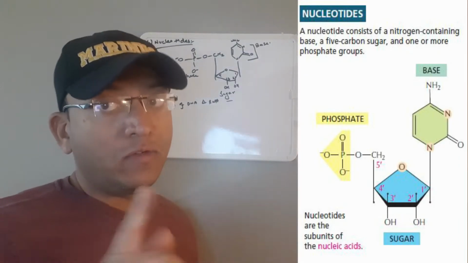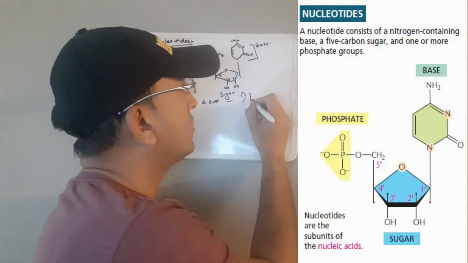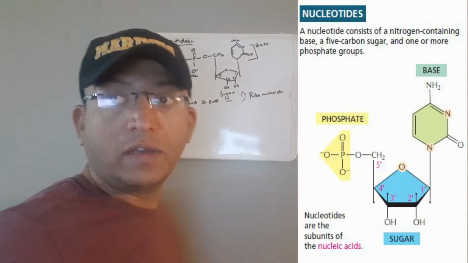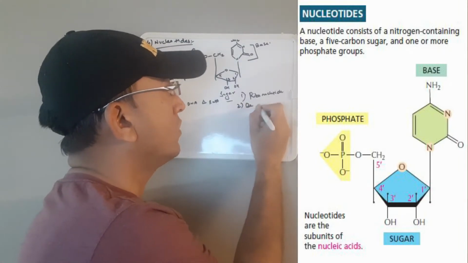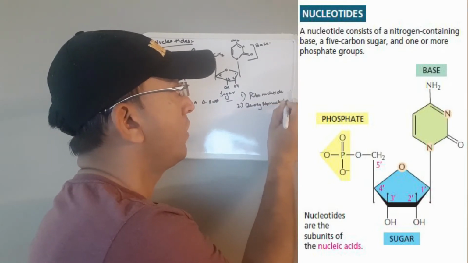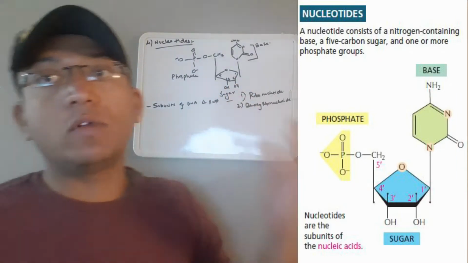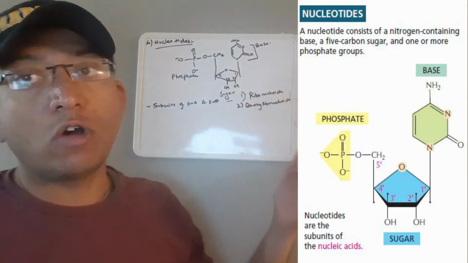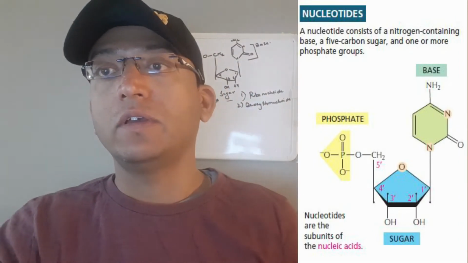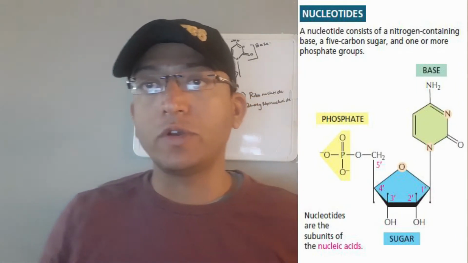They come in two main forms: ribonucleotide and deoxyribonucleotide. Those containing ribose sugar are known as ribonucleotides, and those containing deoxyribose sugar are known as deoxyribonucleotides. Right guys, so that was a definition or an introduction for the nucleotides.